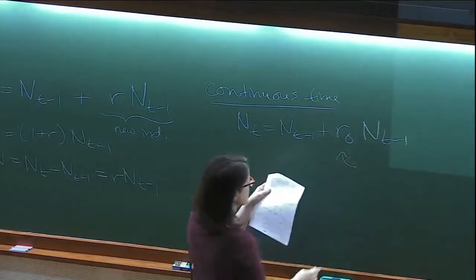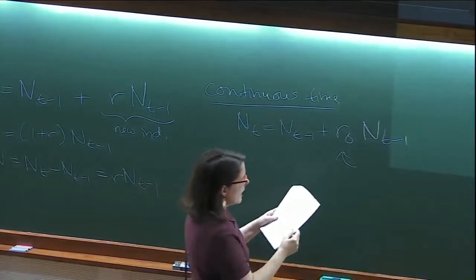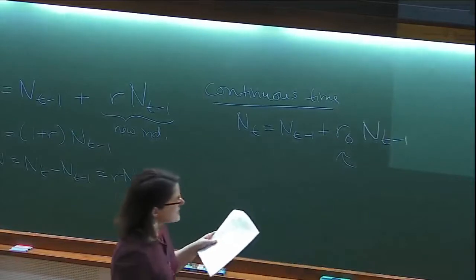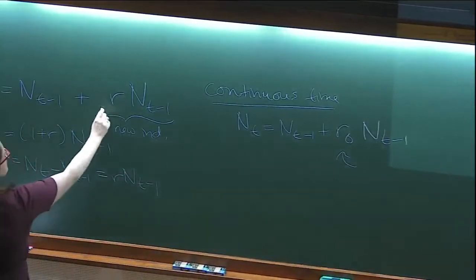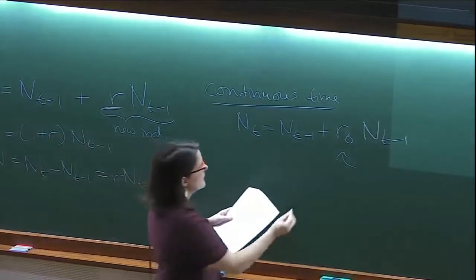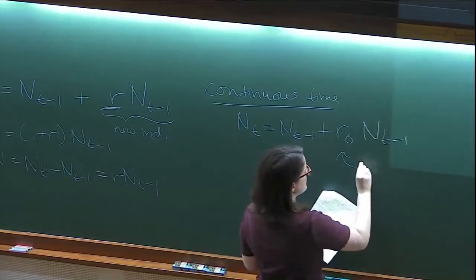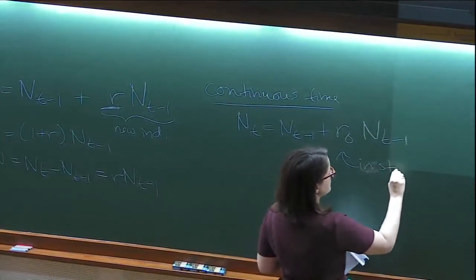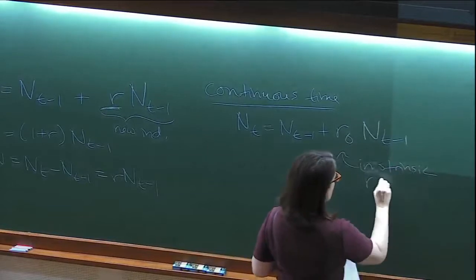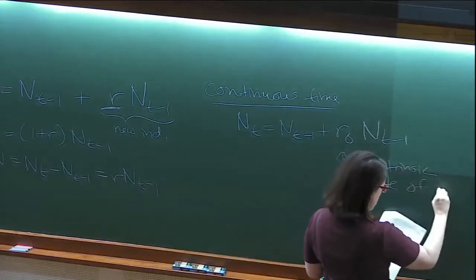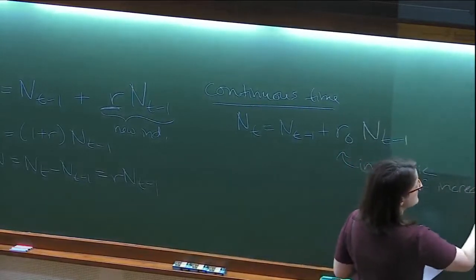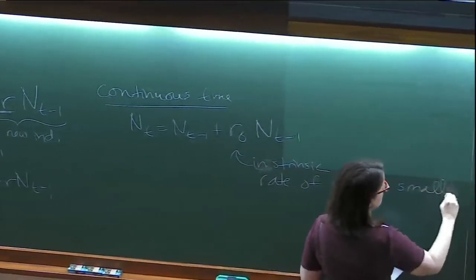I've put a subscript in a very sloppy way to indicate that this is a different rate of increase here. This is the intrinsic rate of increase. On a very small time scale.